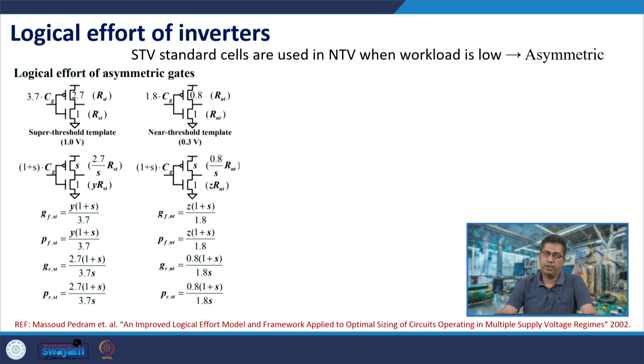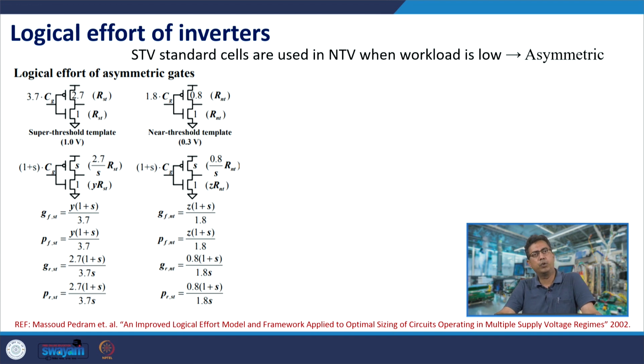So you might have sized them according to those requirements, and you might have kept balanced output rise and fall transition times for super threshold voltage operation. It does not mean that at near threshold voltage operation the standard cell library would have balanced output transition times, and the reason is that the current behaves differently with terminal voltages.